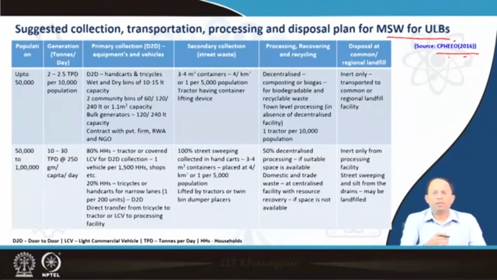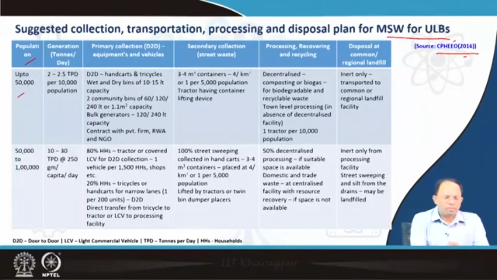But if there is a lot of difficulty in collecting data, or in manpower, to do this kind of calculations, at least to set up a basic system, you should follow this kind of rules. So here, based on different population sizes or different ULB categories like municipal council, municipal corporation, and so on, we can decide on what sort of system we will adopt.